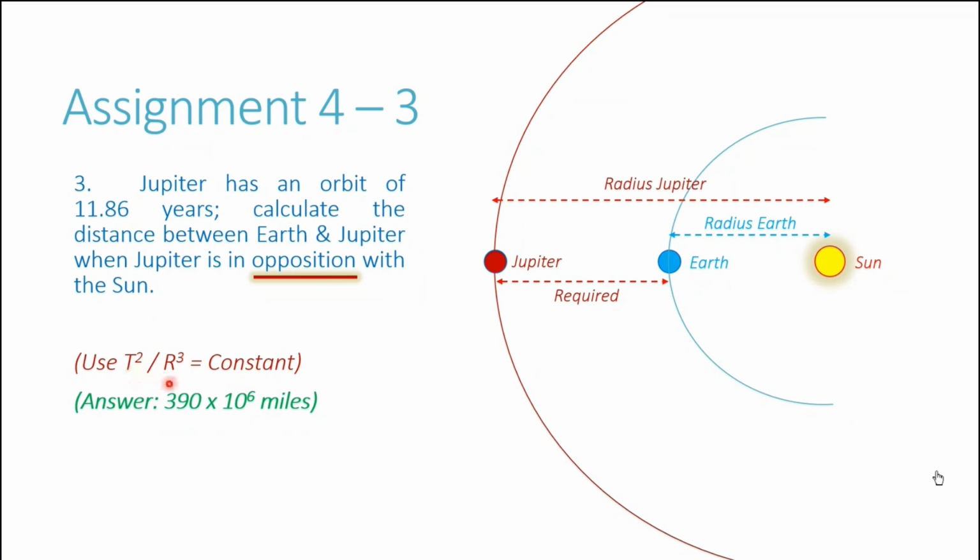So you place the T squared by R cubed of Earth equal to the T squared by R cubed of planet Jupiter. We have the orbital time period of Jupiter as 11.86 years. So the only unknown in the equation will be the orbital radius of Jupiter. Once you get the orbital radius from the relationship, you can subtract the radius of Earth from the radius of Jupiter. It will give you the required distance, which is the distance between the Earth and Jupiter.